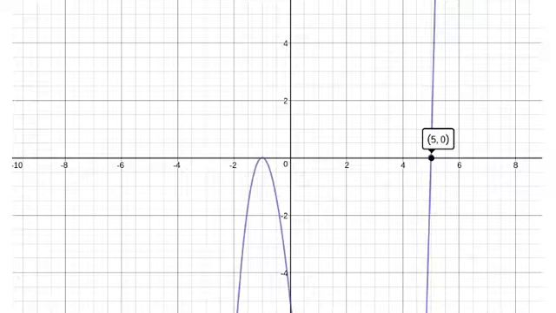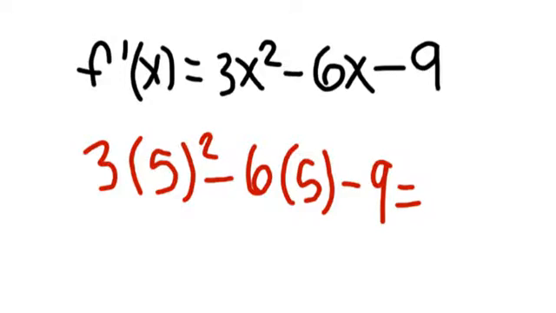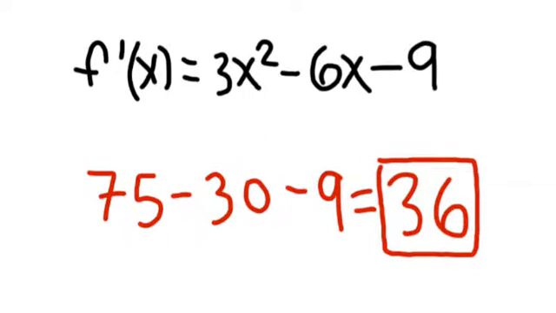We are going to input the x value here, which is 5, into our derivative. That gives us 3 times 5 squared minus 6 times 5 minus 9, or 75 minus 30 minus 9, or 36. So that is going to be our gradient.